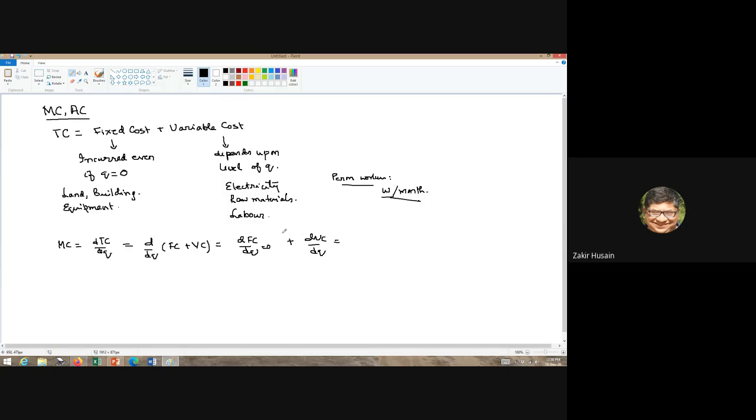So that means marginal cost depends simply on the variable cost and its change with output. Fixed cost doesn't enter into marginal cost. Now, what is the relation between marginal cost and average cost? Remember that they are both U-shaped.